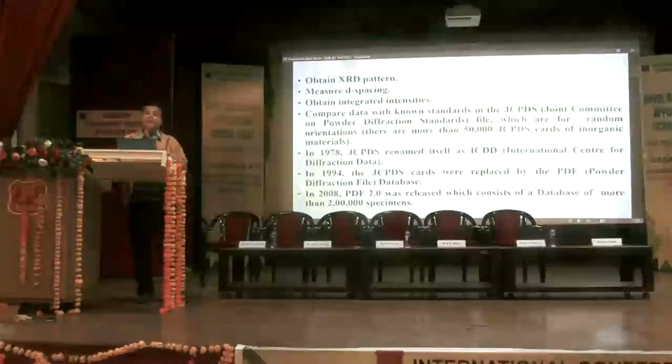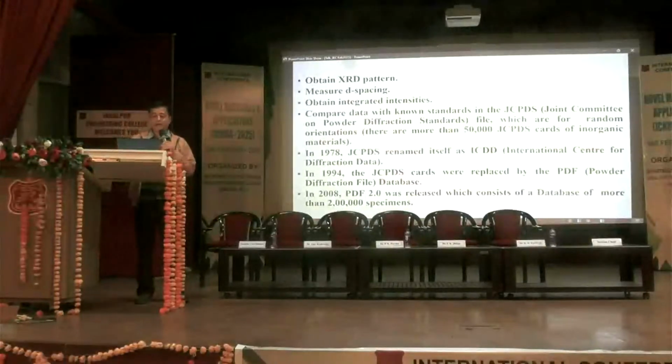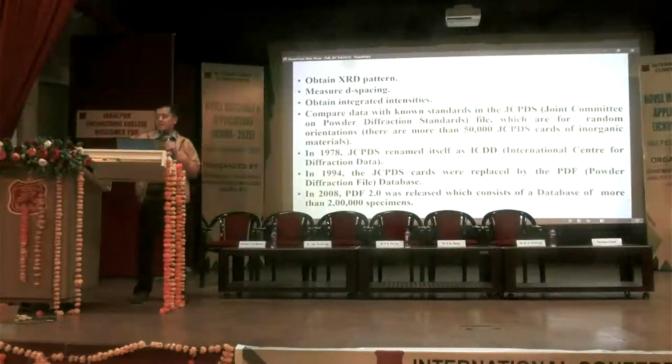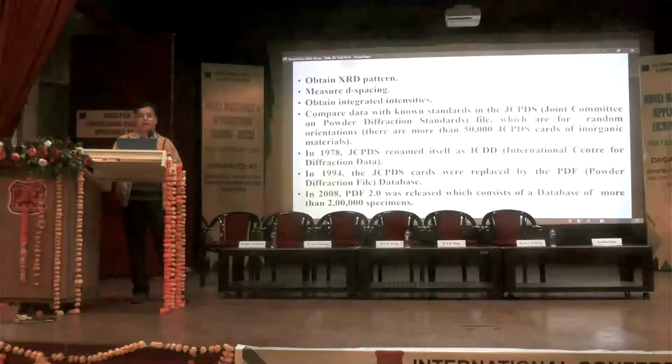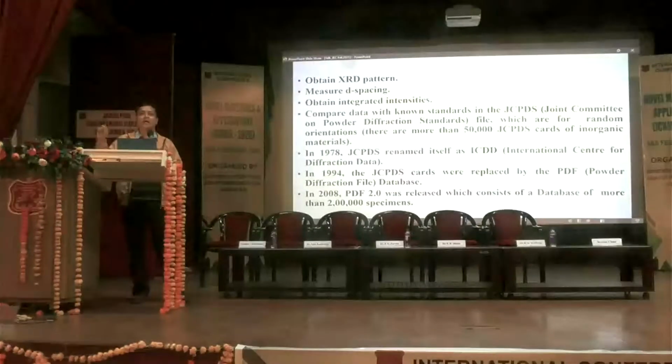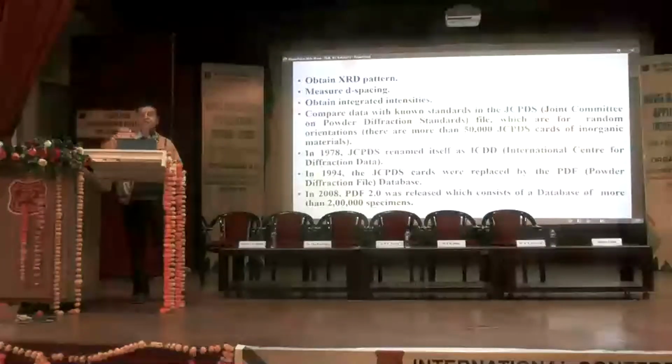And earlier, if you go to the history, initially there was this JCPD file. Still, those who are doing research cite it: if you got some peak in the intensity curve with respect to angle, you can cite some reference of the journal where you can see the JCPD number.